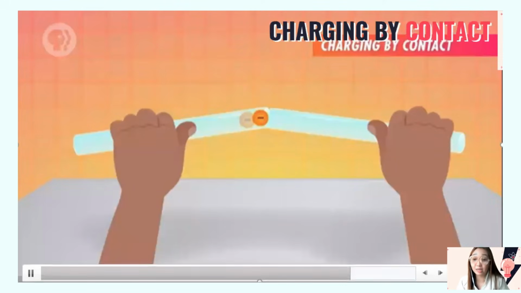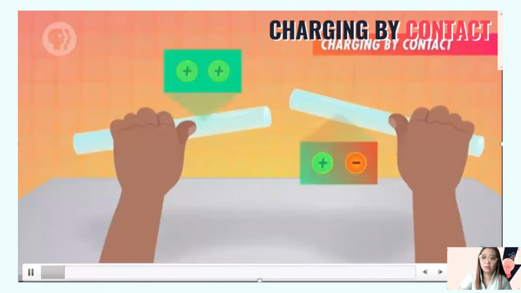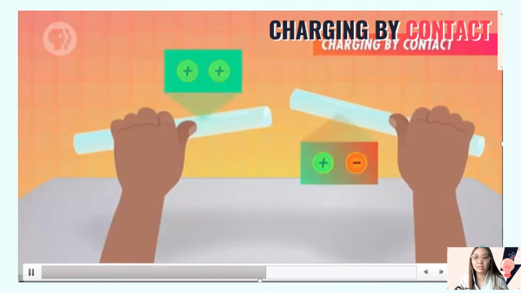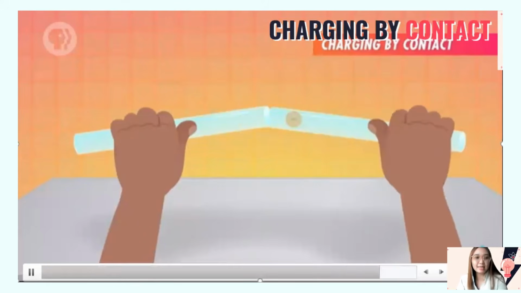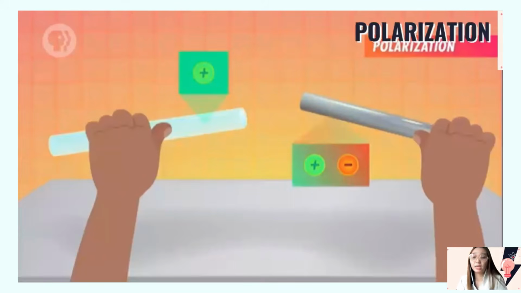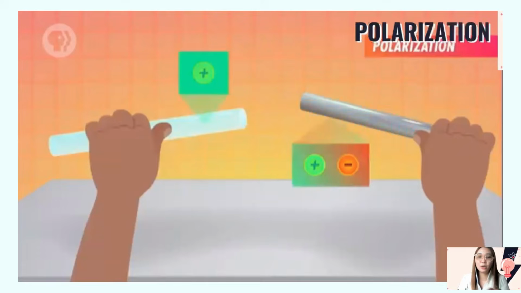Third method is polarization. Dito kay polarization, hindi mo talaga pagdidikitin yung dalawang material. So, meron kang purely positive rod, tapos meron kang neutral rod sa kabilang hand mo.